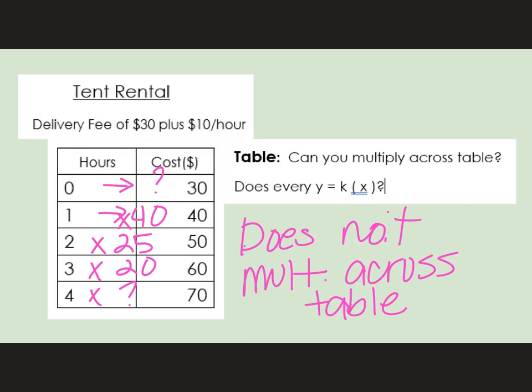So again, we need to be able to multiply by the same value each time. That constant value has to be multiplied every time in order for this to be a direct variation.